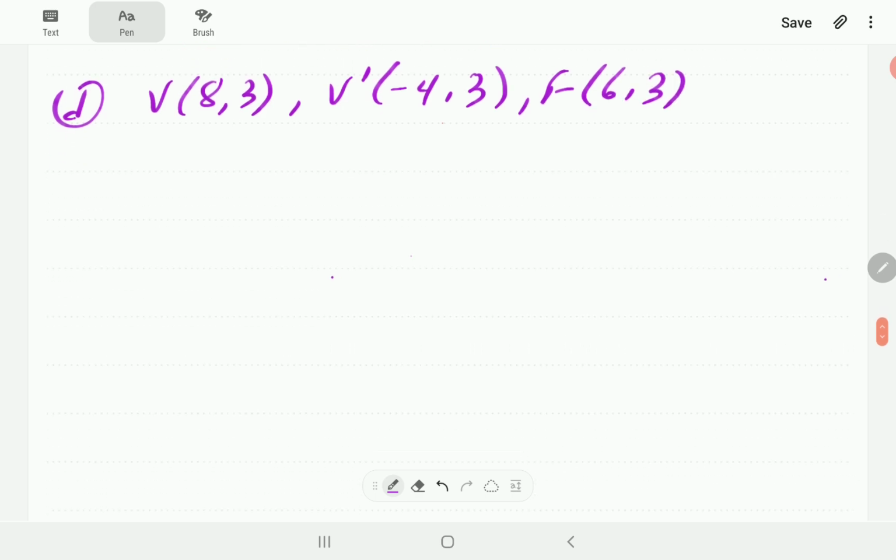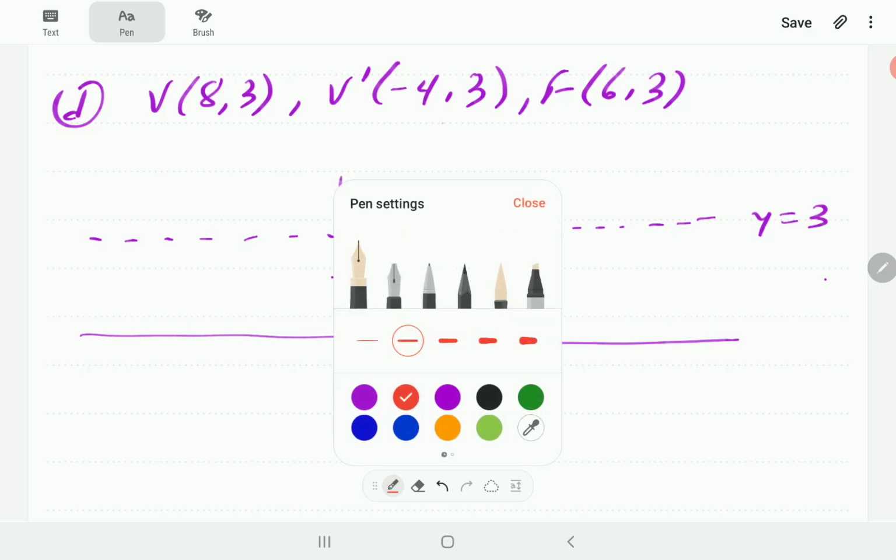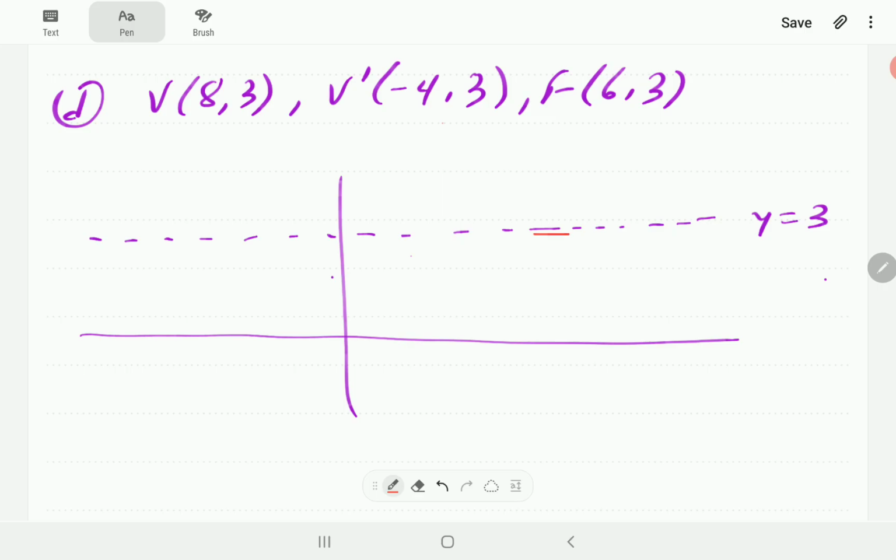So again, let's do a sketch. We've got things happening along y equals 3. At 8, 3 we've got a vertex, and at minus 4, 3 we've got another vertex.